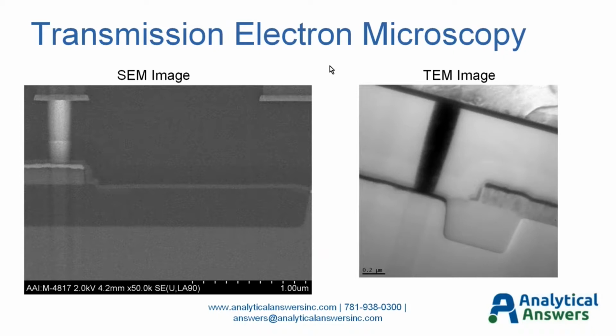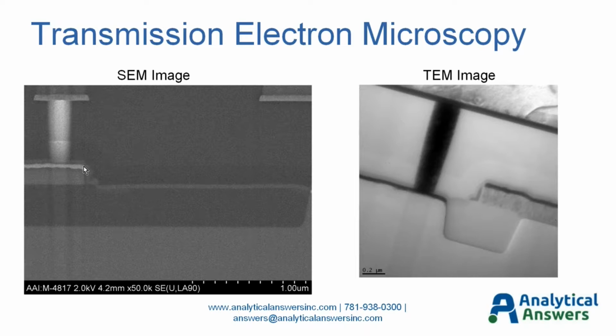I've started here with just a metal on silicon microelectronic device, and I'm going to directly compare the TEM image to a SEM image. The SEM image on the left here is actually in a backscatter mode. So again, materials that are heavier will appear brighter in this image, and we can see several features immediately.